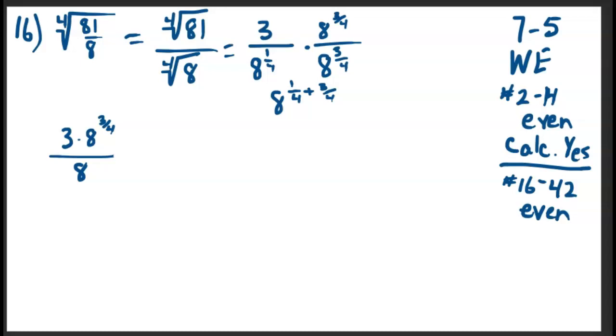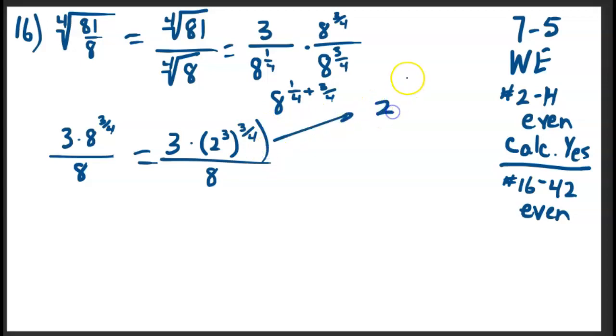Okay, so now what can I do? Well, 8 to the 3/4, what I can do is turn that into 2 cubed to the 3/4 over 8, right? 2 cubed is 8, right? But we can multiply, so let's just think about this piece right here.